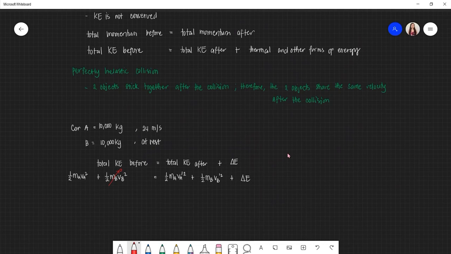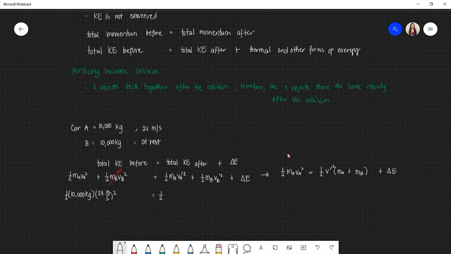Because the velocities after the collision are equal, we can factor out the shared velocity V prime squared times (ma plus mb), with the 1/2, plus delta E.